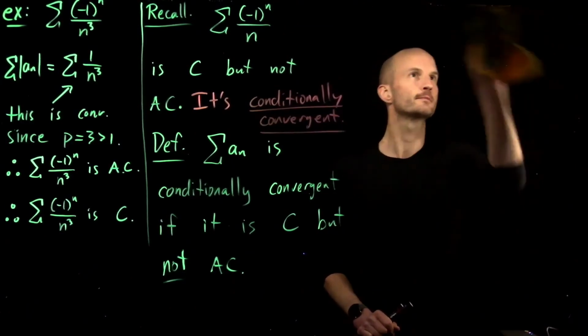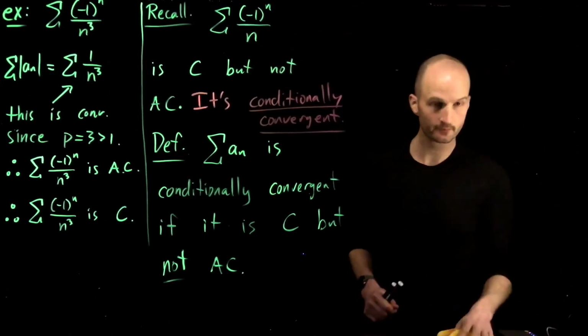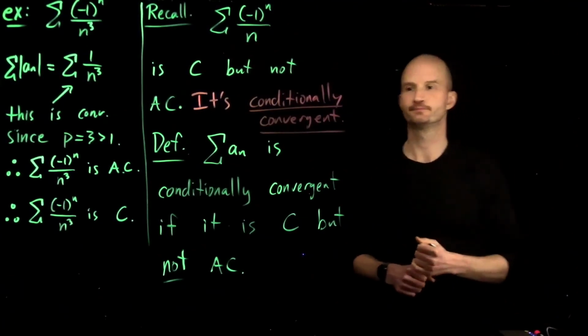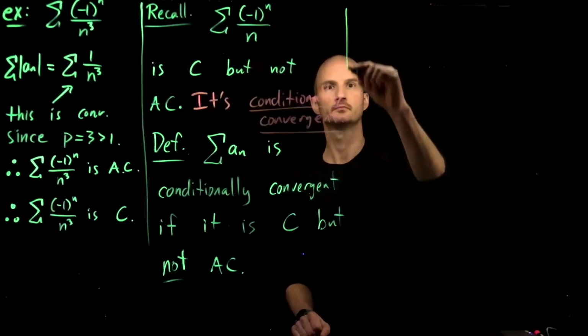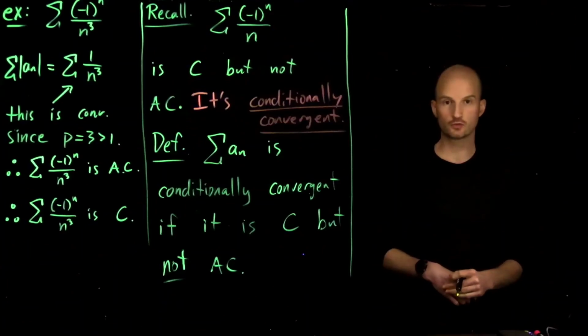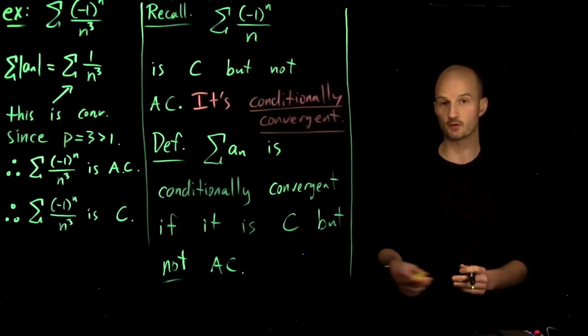Now, what does this definition do for us? Well, it gives us a way to categorize all series. We're going to see that every series falls into one of three categories.